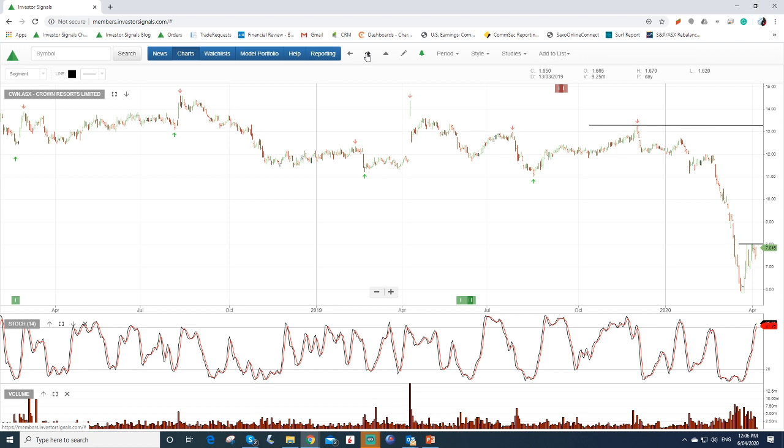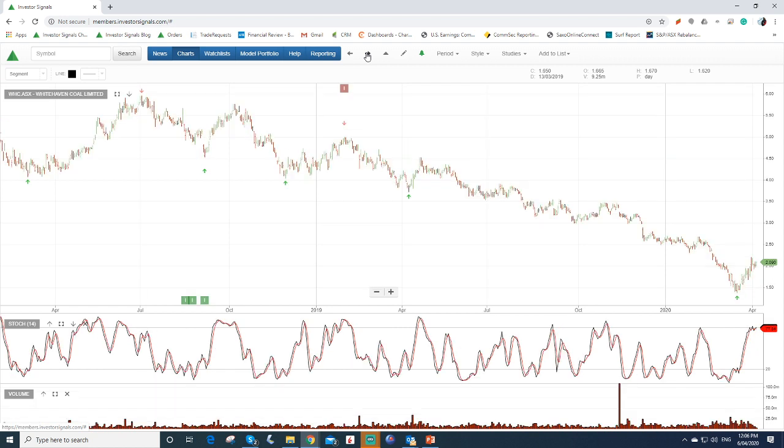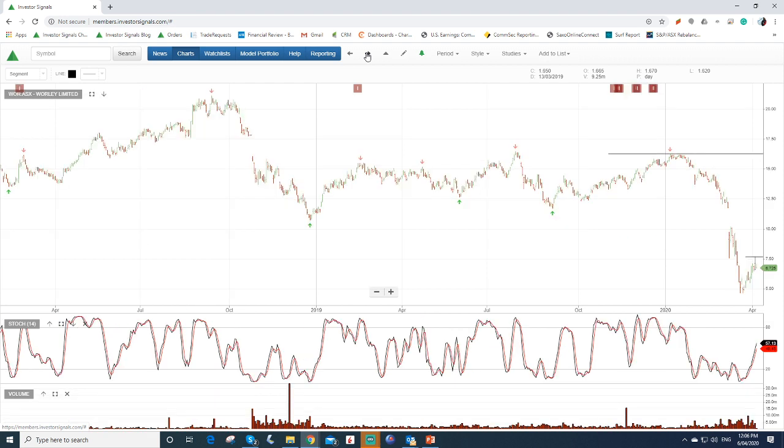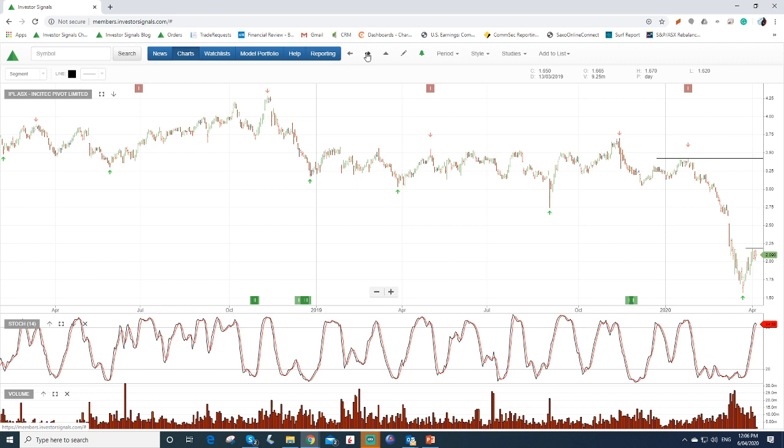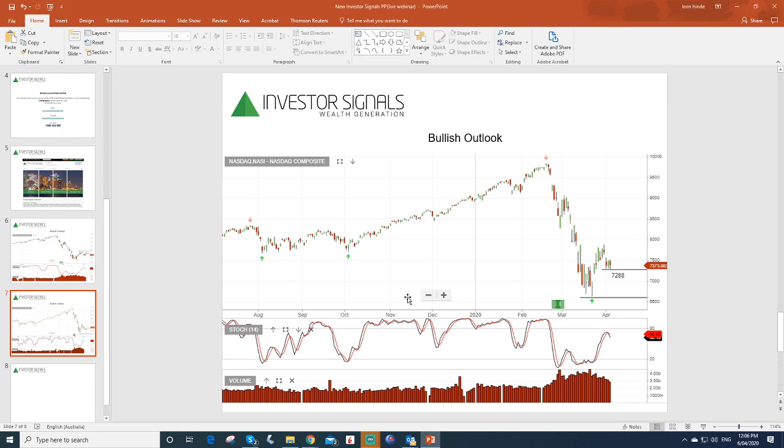So Crown like Star, risky, but the longer term recovery prospects there are quite good. Worley Limited, so you think about that as a resistance at 750. So these become a greater focus if we go back to this screen here.